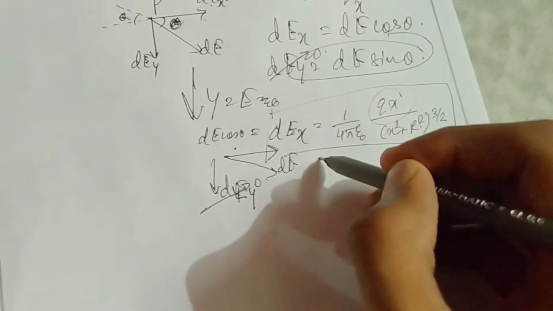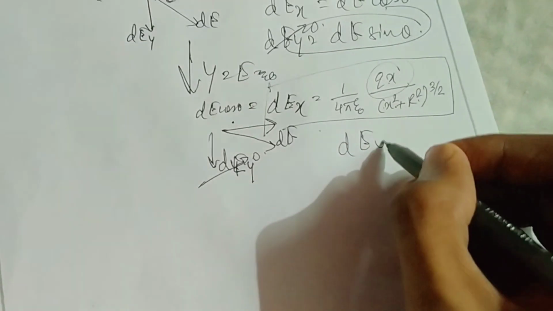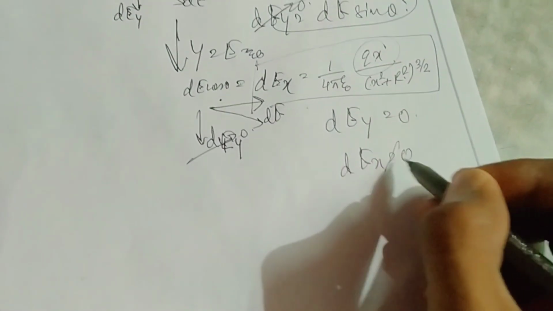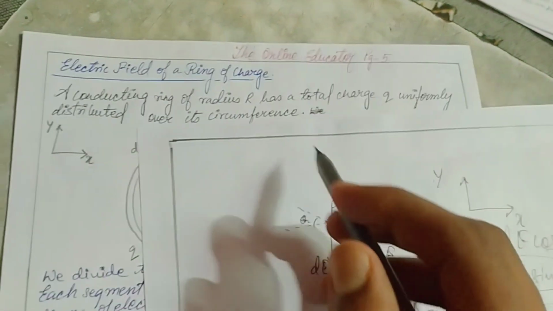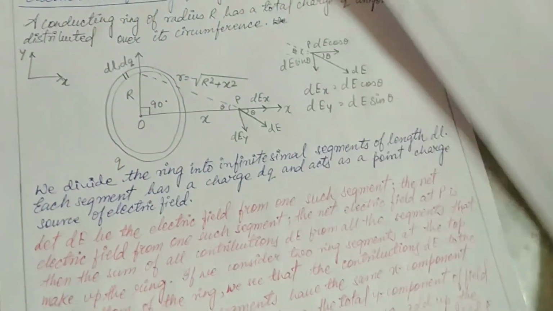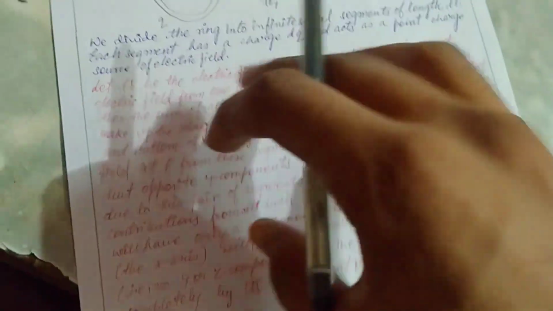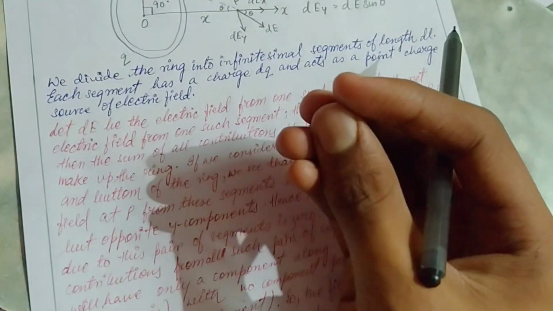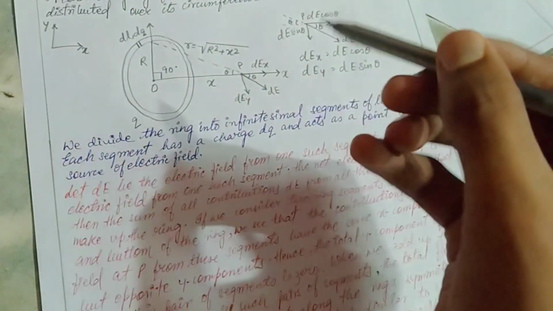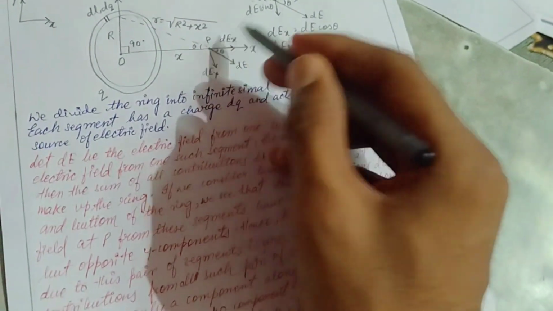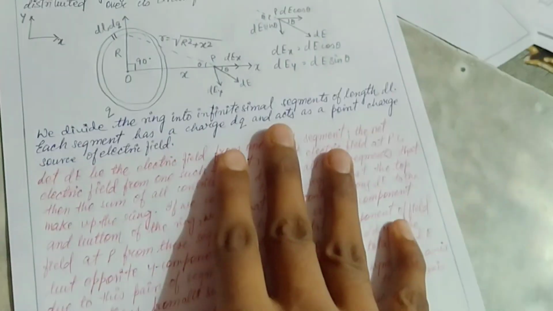So we got to know that dEy is 0 and dEx is not 0. The electric field of a ring of charge is only calculated along the x axis. It just described that along y the electric field is 0, and along x the electric field exists.